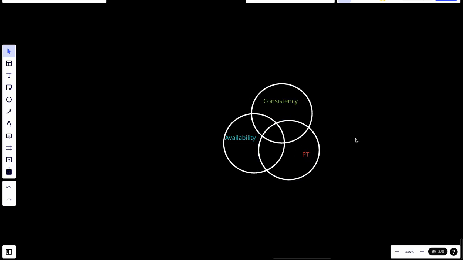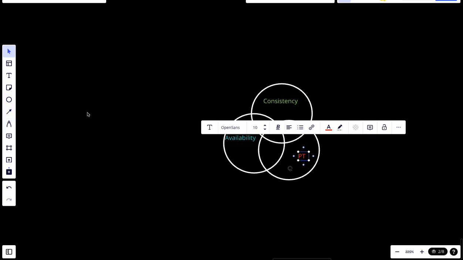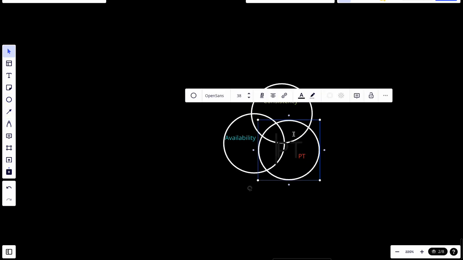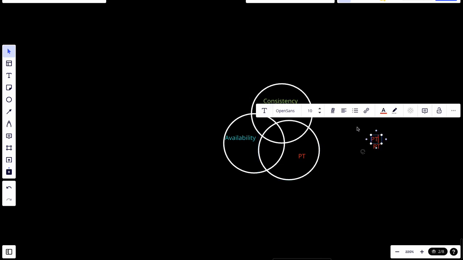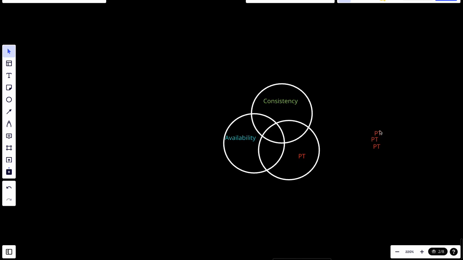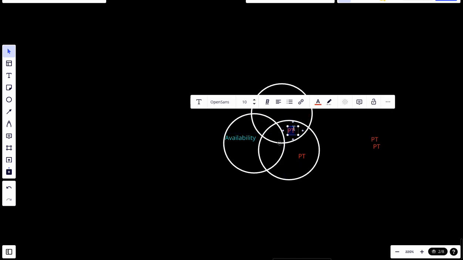We can provide consistency and partition tolerance, so it will be a CP system.